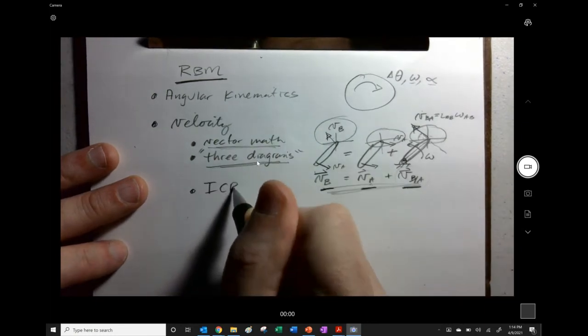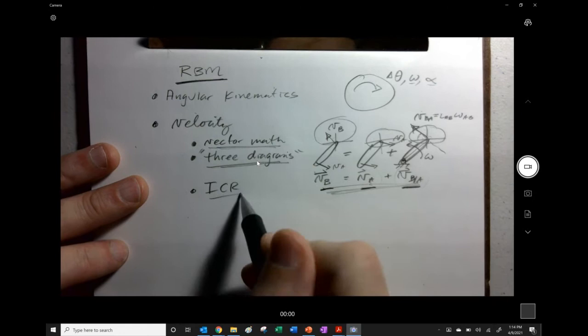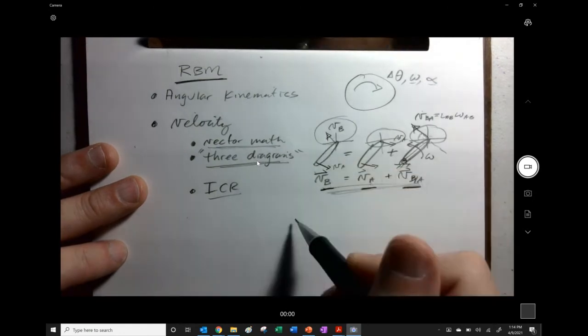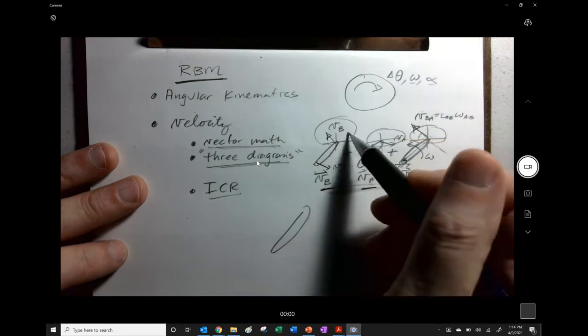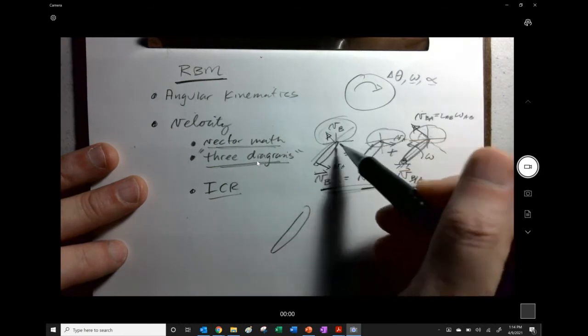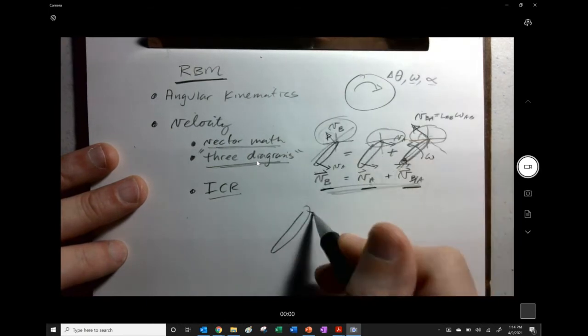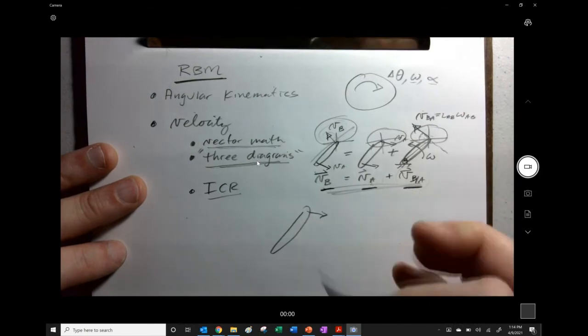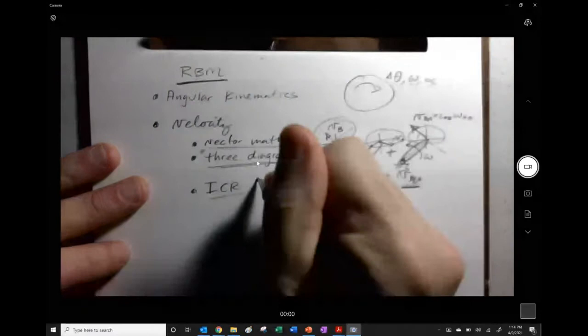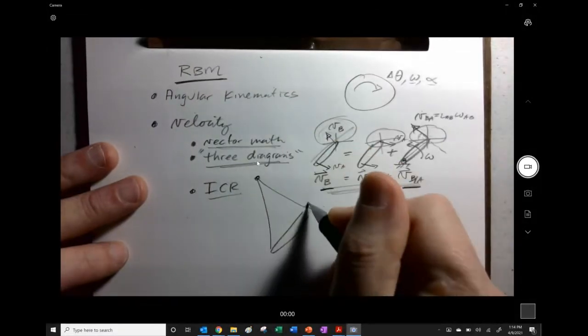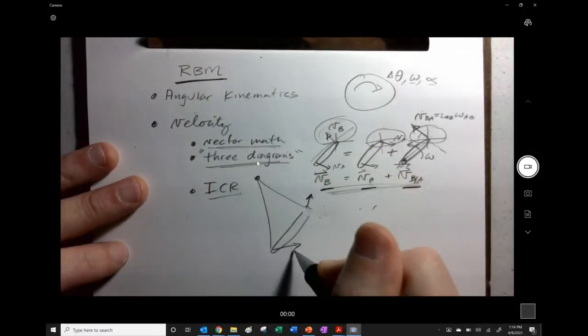But we could also use ICR. Instead of doing this right here, we can find some magical location. I probably am doing this incorrectly because I just randomly drew what the vectors were up here, and of course that was a terrible direction for this thing to go. I'll write out, here's my ICR, and I can find my ICR is going to be right there.